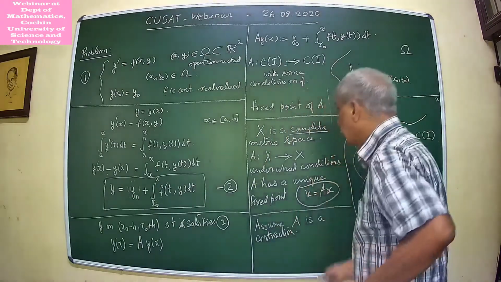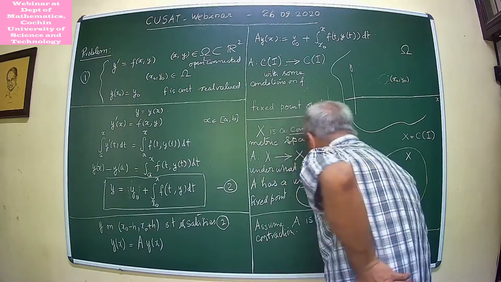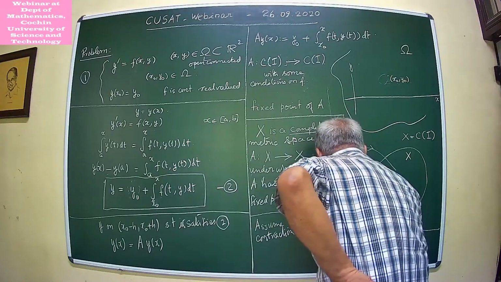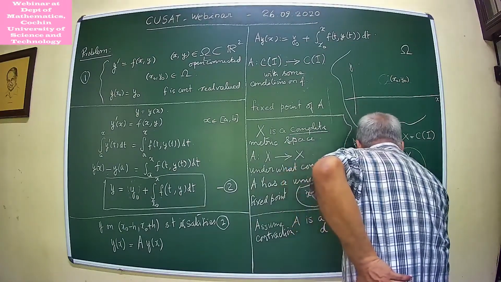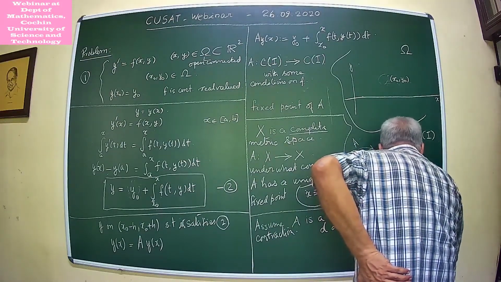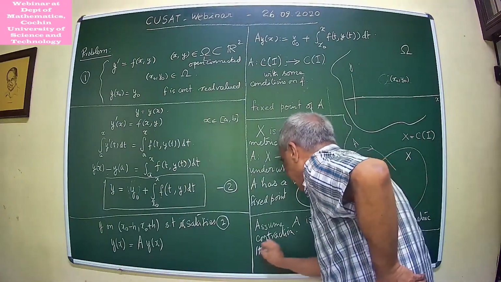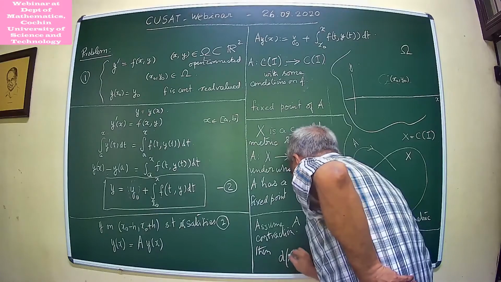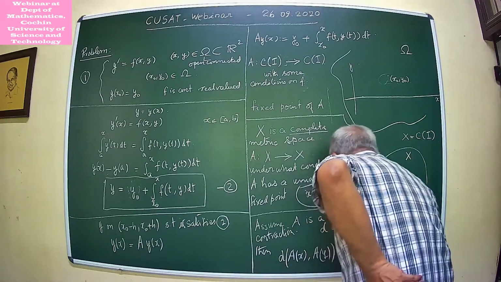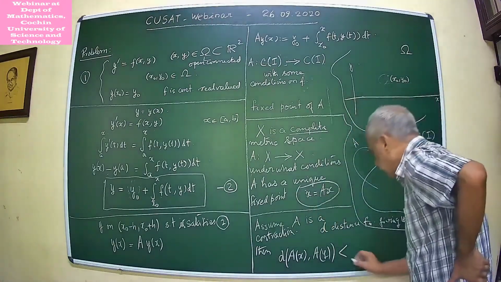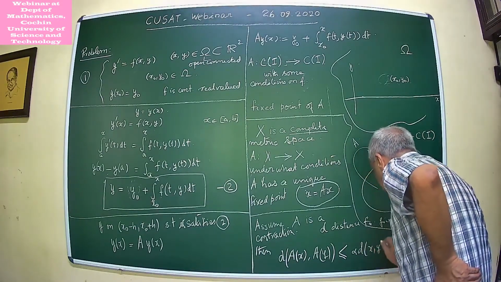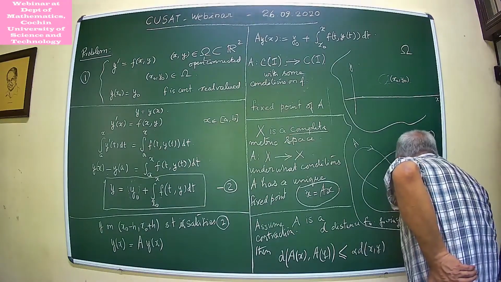It means if d is the distance function giving the metric, then what we need is that d of Ax, Ay is less than or equal to alpha times d of x, y, where 0 is less than alpha less than 1.